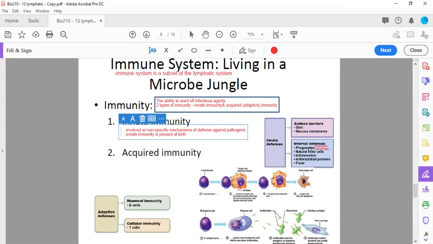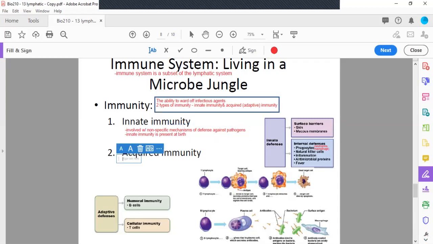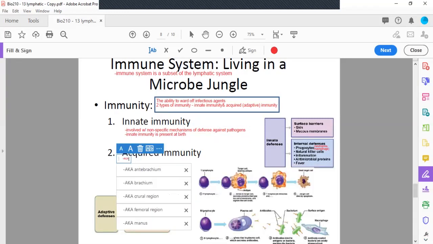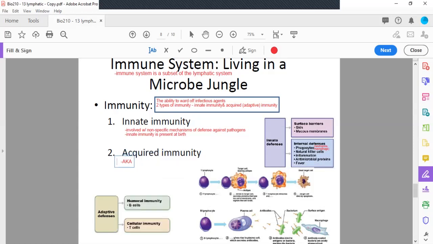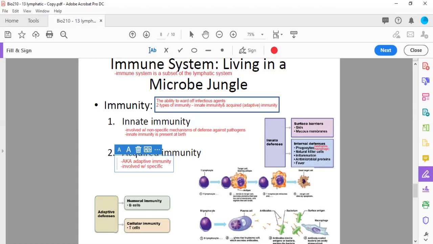Now, let's go to the next one. This is acquired immunity, the second type of immunity. It's also known as adaptive immunity. This type of immunity is involved with specific mechanisms of defense.